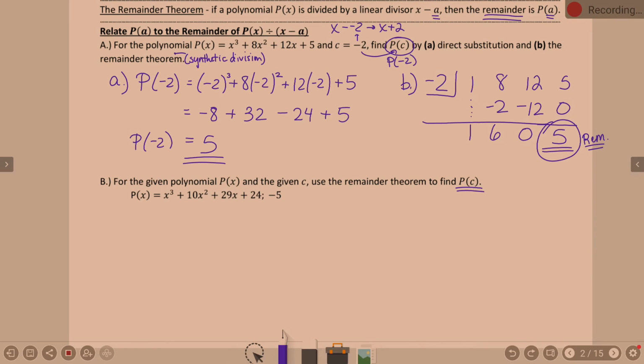Now, what is my C value, by the way? It's the negative 5. And I put it that way because homework sets it up like that some, so I didn't want you guys to be like, wait, where is my C value? So we're trying to find P of negative 5. What are my options?